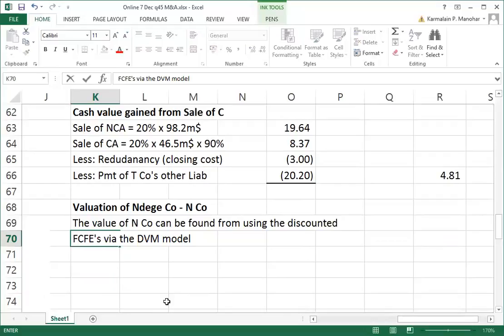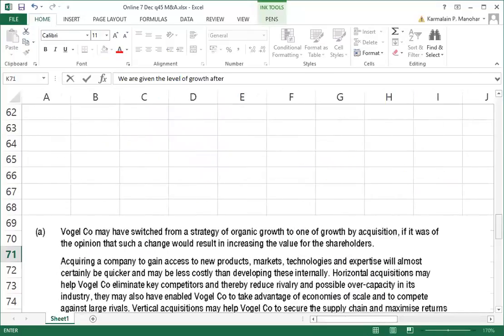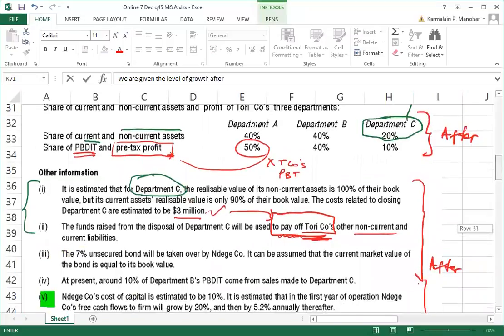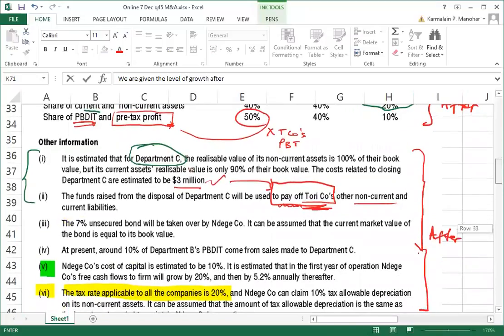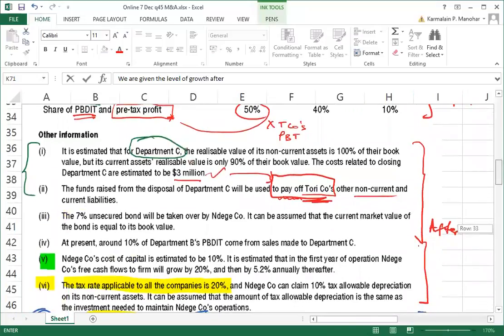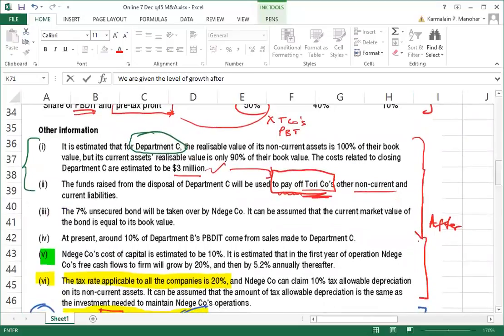We are given the level of growth after how many years, we were told? After the first year, free cash flows will grow by 20.